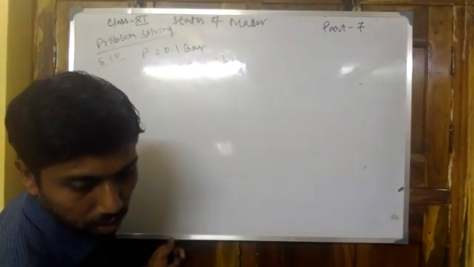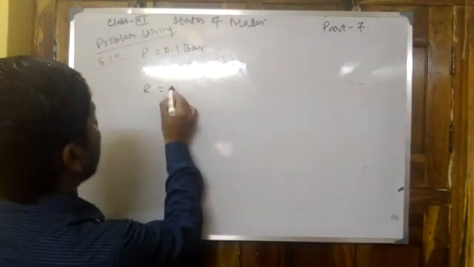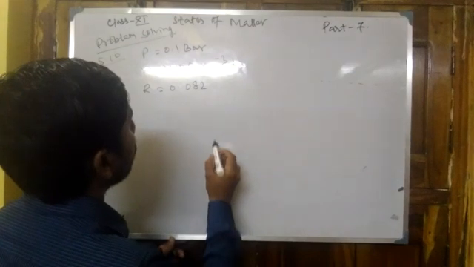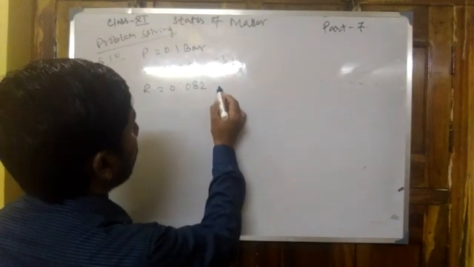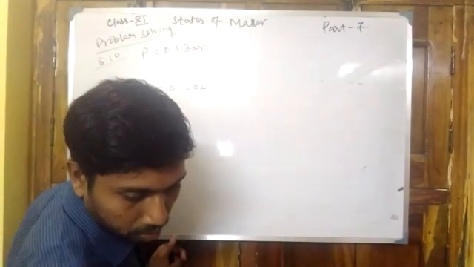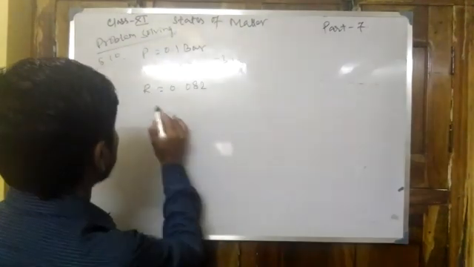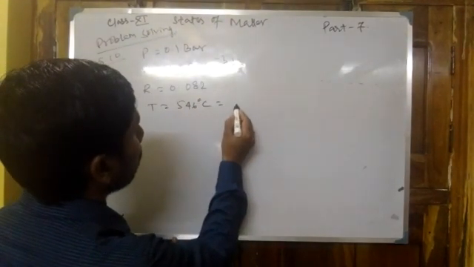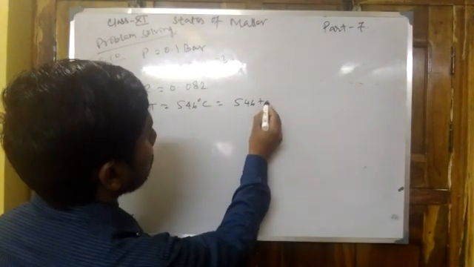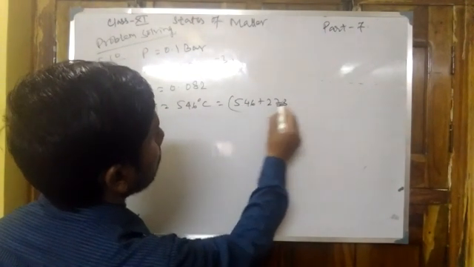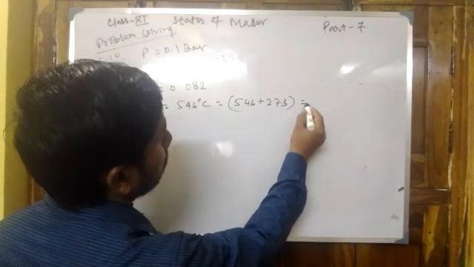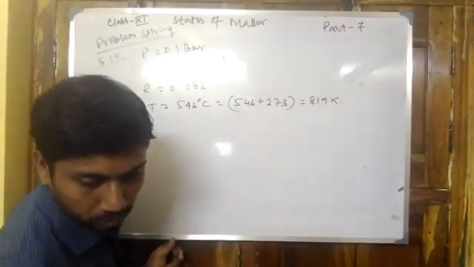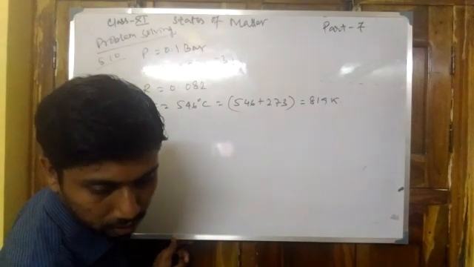Next one, R is given in the liter atmosphere unit, R is equal to 0.082. Next one, T equal to 546 degree centigrade is equal to 546 plus 273, is equal to 819 K. Now these are the data given.